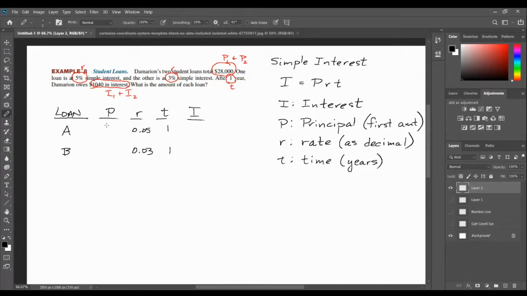So how do I get this principal? One of these I'm going to call, let's just call it P. And the other one will be, well, I know that both of these together have to add to 28,000. So let's just call this 28,000 minus P. So I'll put P dollars in loan A and 28,000 minus P, everything that's left, goes into loan B. So the interest is principal times rate times time in both cases.